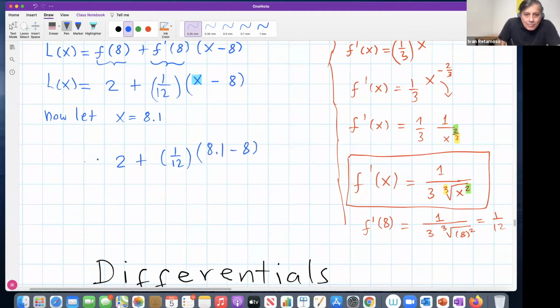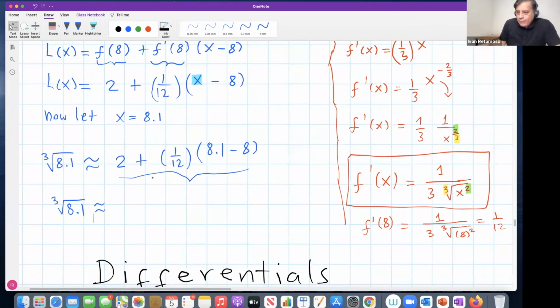And this is approximately equal to the value of the cube root of 8.1. Put this in your calculator. Notice that this difference is 0.1. So this whole thing in the calculator should give us the final answer, the approximation via our linearization.